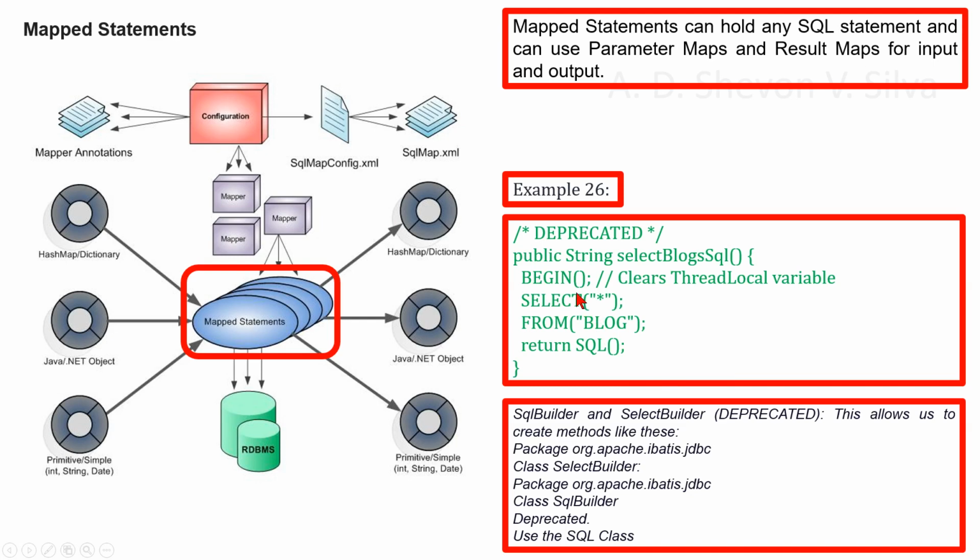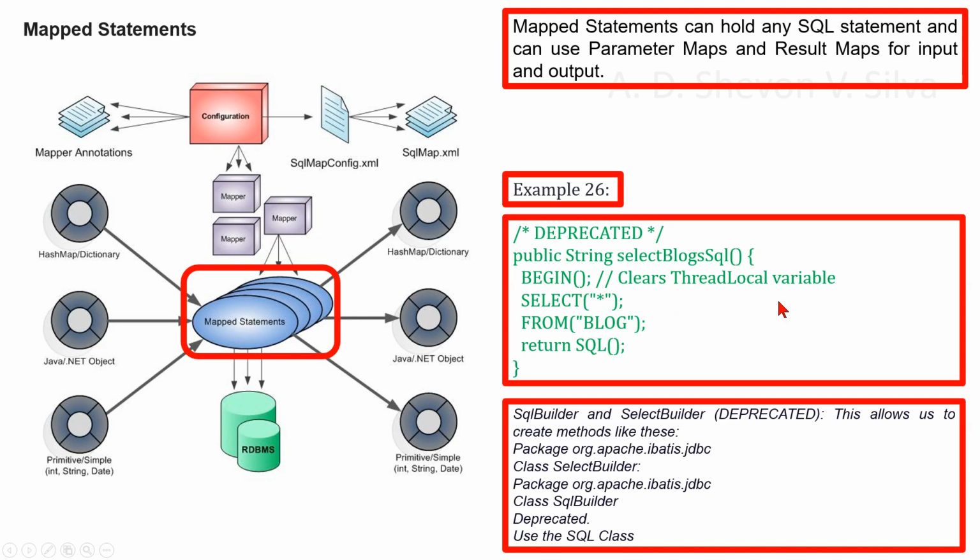Begin: these methods clear the thread local state of the select builder class. Reset method, begin or reset. These methods clear the thread local state of the builder class and prepare it for a new statement to be built. Begin reads the best when starting a new statement.